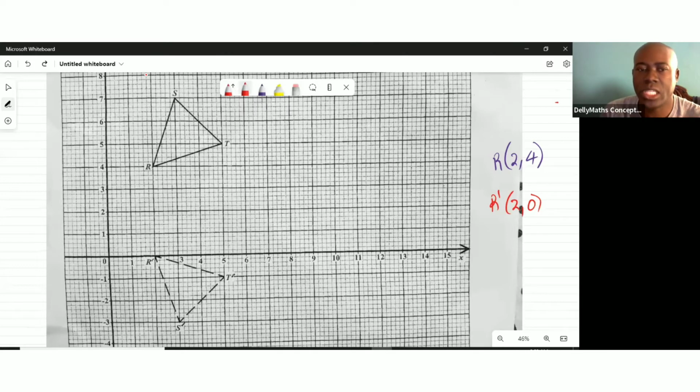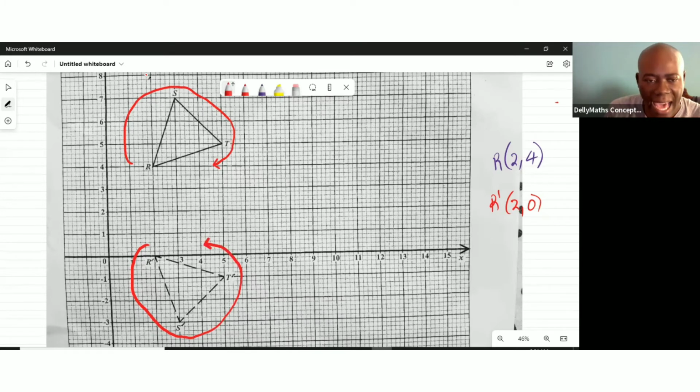The reflection will change the order of the points. Clockwise order turns into an anti-clockwise order. For example, RST is going in this direction. RST is going around like that. So RST is going in a clockwise direction. But if you look on the image, R prime, S prime, T prime is going the opposite direction.